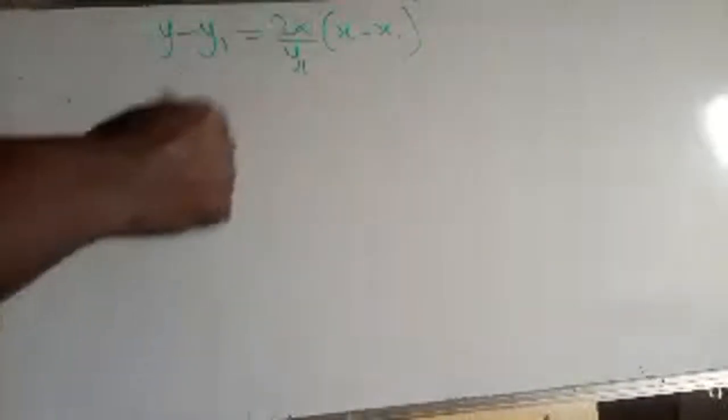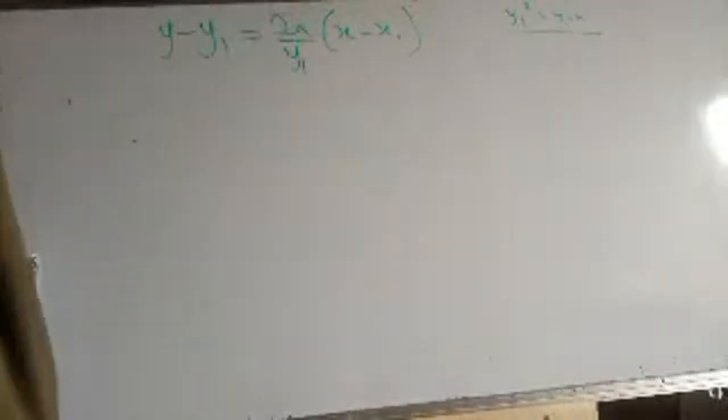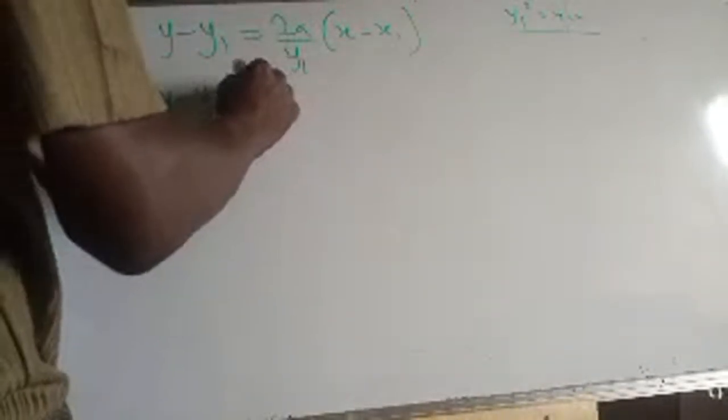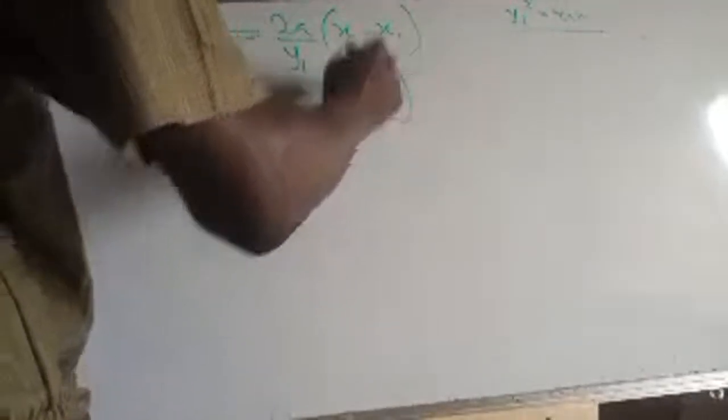That's the tangent equation. Now, with respect to y1 squared is equals to 4ax that we got, the equation of the normal would now be the negative inverse of the gradient. That will be y minus y1 is equals to minus y1 over 2a into x minus x1. This is for tangent. This is for normal to the curve.